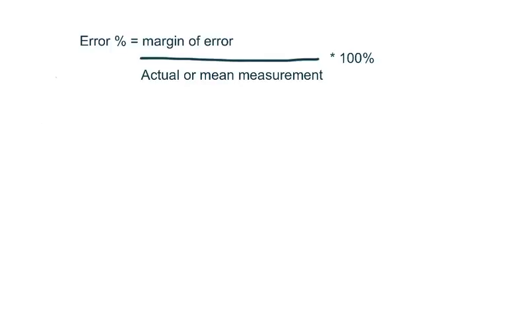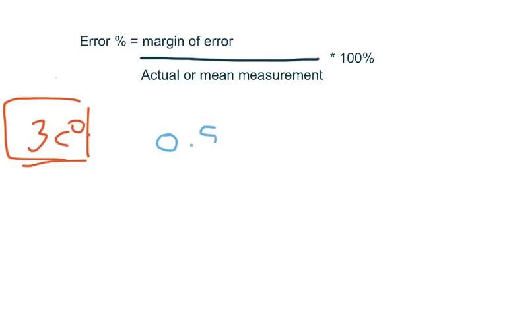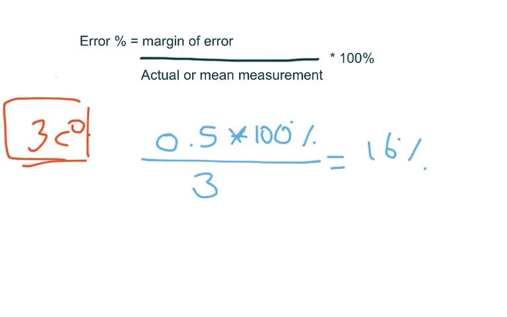For example, we talked about the 3 Celsius from before. This would be our actual or mean measurement. Our thermometer measures up to 0.5 Celsius, so the margin of error is 0.5. So 0.5 times 100% over 3 is equal to 16.6%.